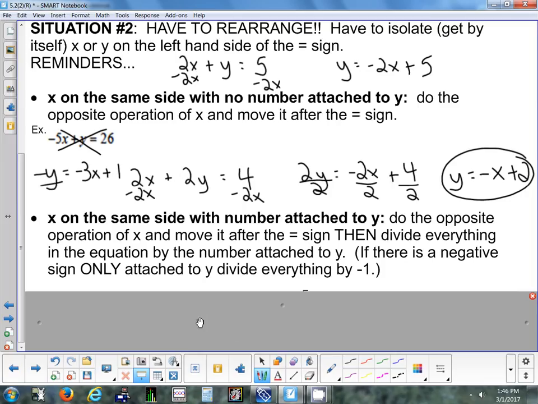I would divide everything by negative 1 because y is not by itself yet. It would be y equals 3x minus 1. Negative and negative gives me the positive, and then positive divided by a negative is a negative. So keep that in mind. If you have a negative attached to the y, you're going to make sure you divide everything by negative 1. I don't think we had any more steps.